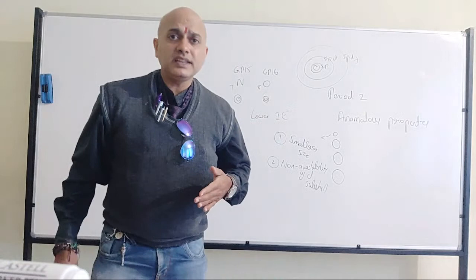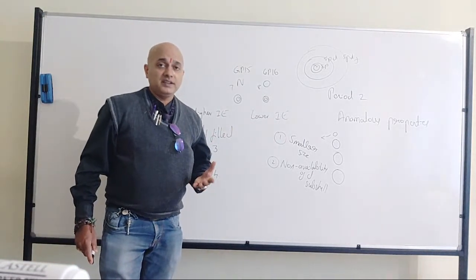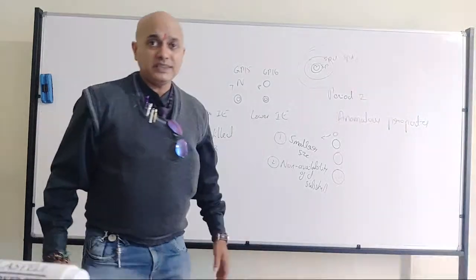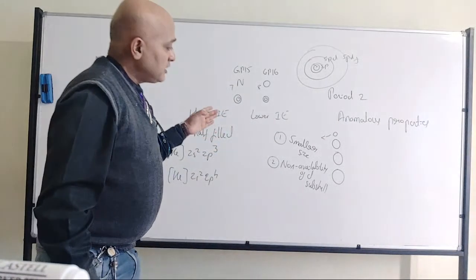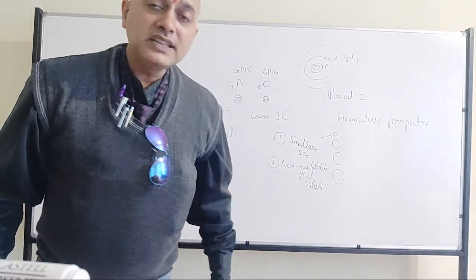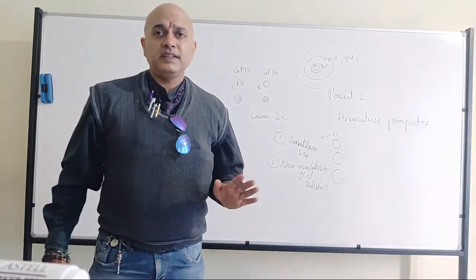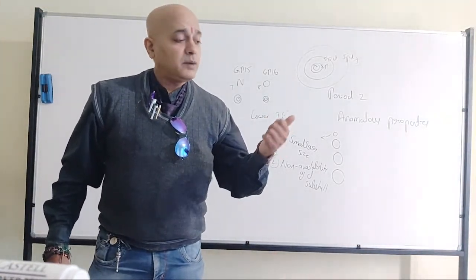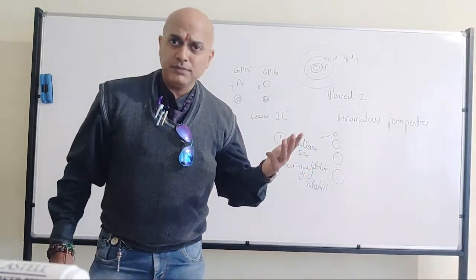Give reasons for anomalous properties of boron. Those types of questions will be there. Then the answer should be smaller atomic size and non-availability of the D subshell. These are common reasons, applicable for lithium, beryllium, boron, even carbon.